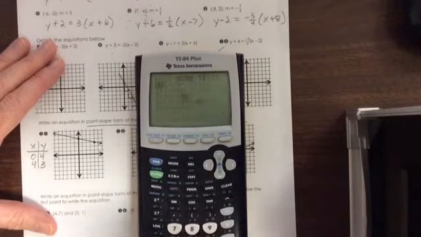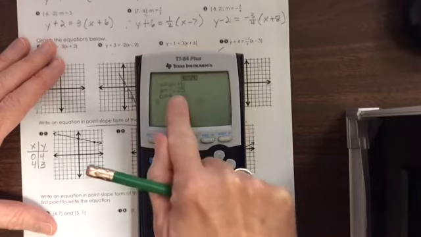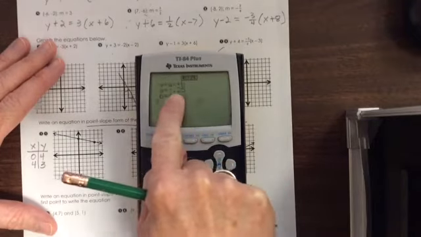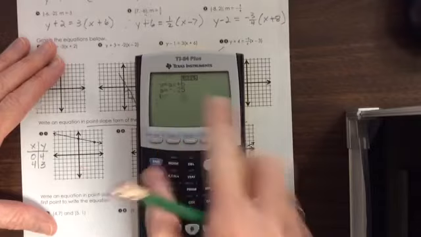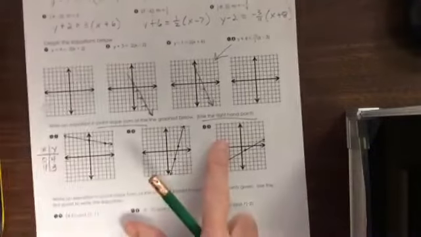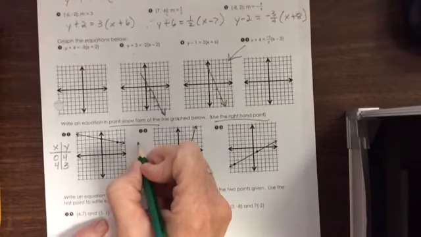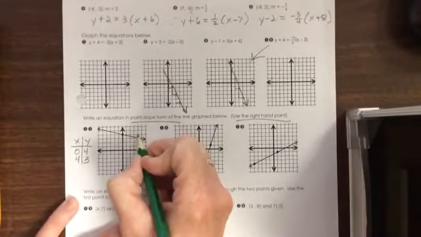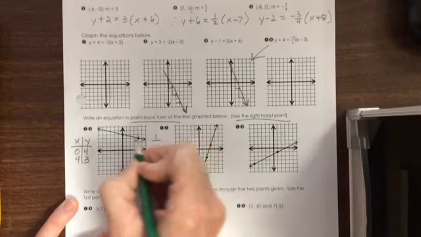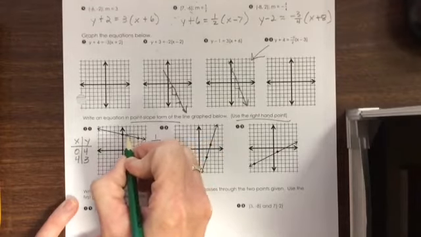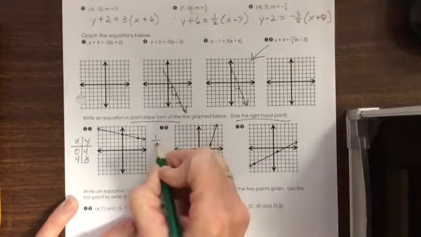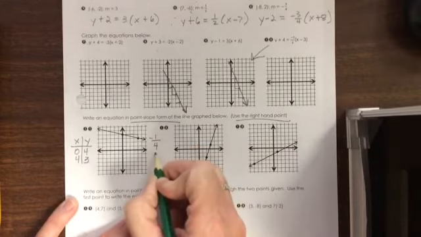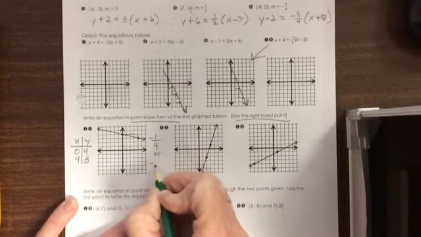Hit stat, tab 4, enter all the way down, and we're going to see that our slope is negative 0.25. So let's see if that's right. So it says negative 0.25. If we rise 1 and we run 1, 2, 3, 4, that is correct. So negative 1/4 or negative 0.25.